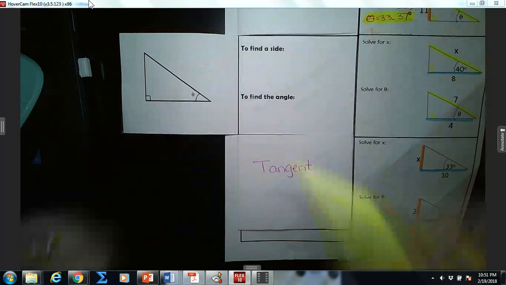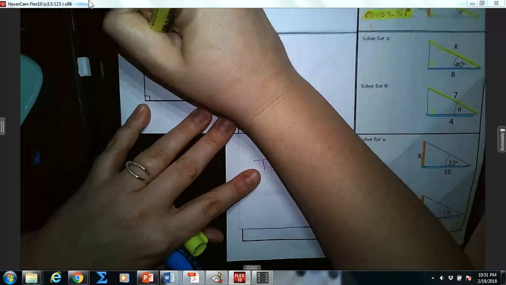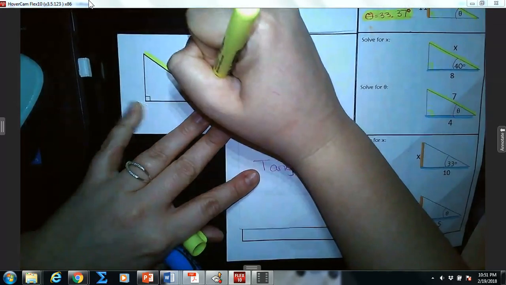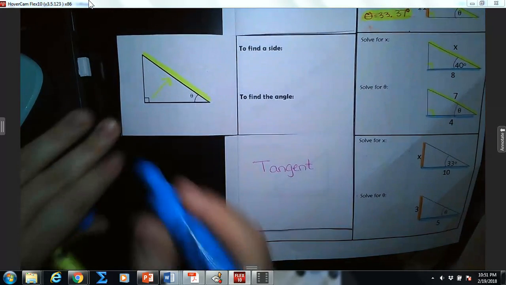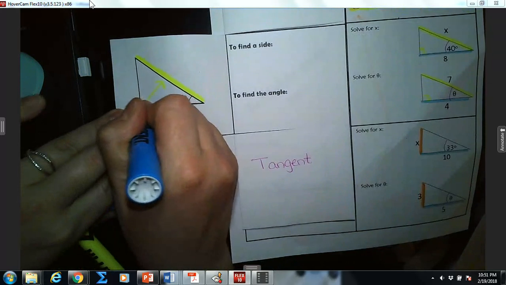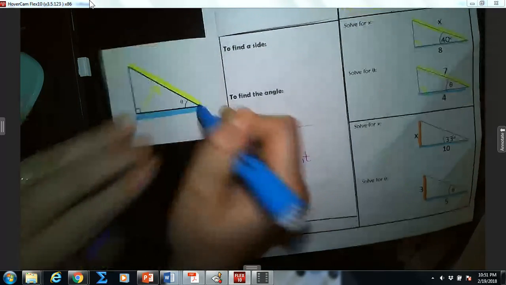Cosine relies on the hypotenuse, always across from that 90-degree angle, and the adjacent side, the hypotenuse and the adjacent side.